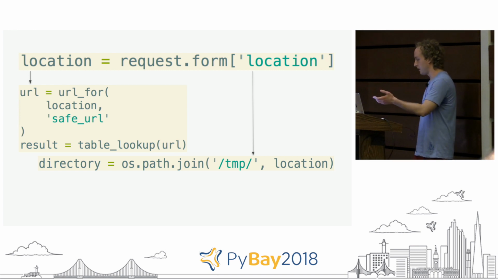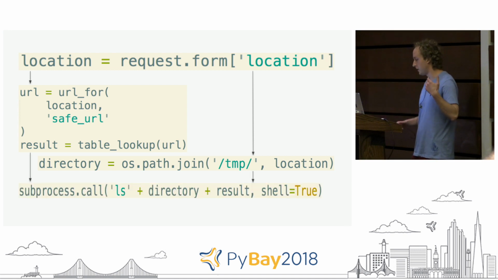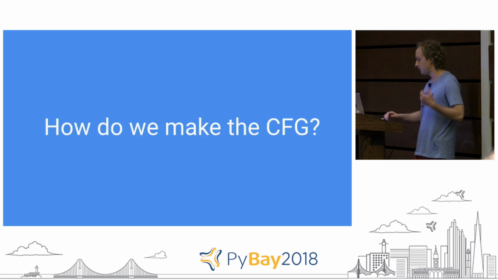And so os.path.join more or less returns location. So we care about directory. And so when both of these flow into subprocess.call, then the directory will be a vulnerability, whereas the other variable won't.